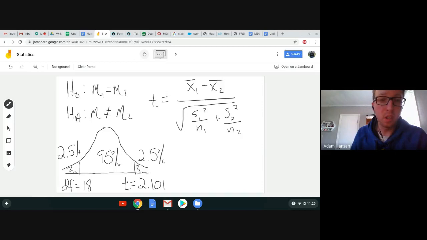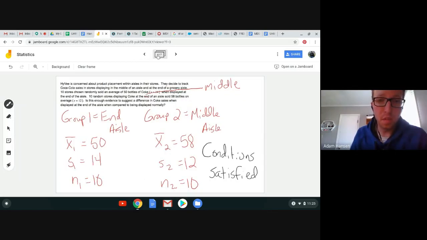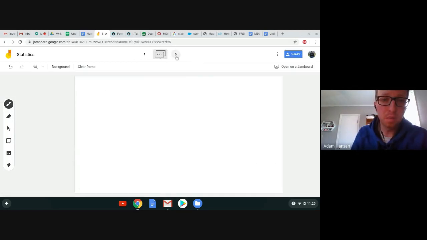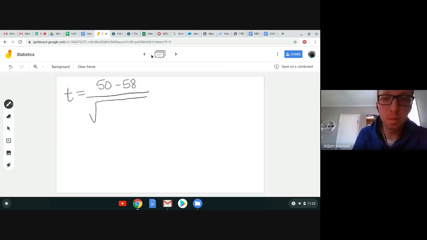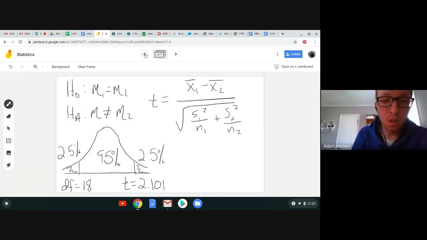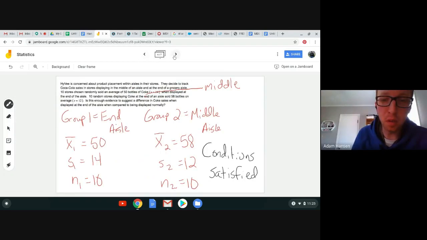So starting our test statistic, 50 minus 58, divided by the square root of 14 squared over 10 plus 12 squared over 10.